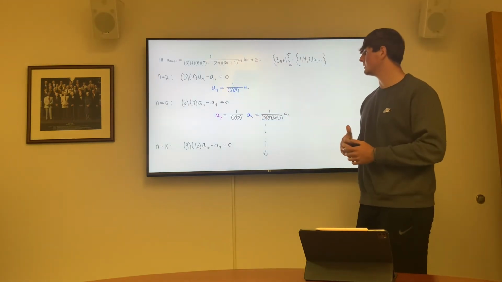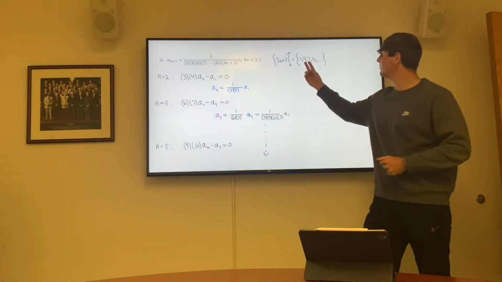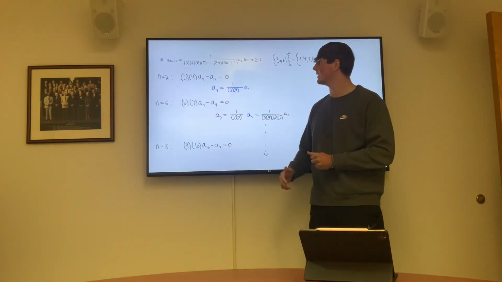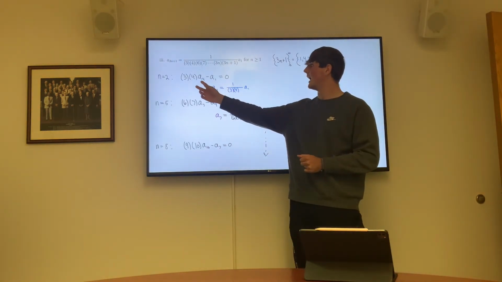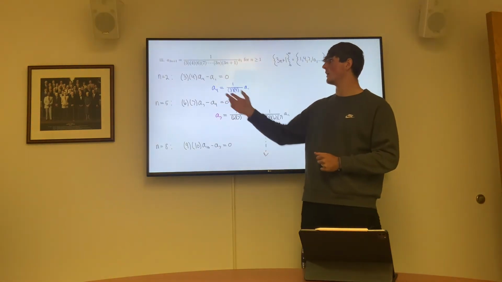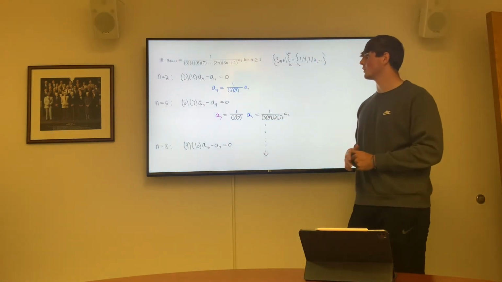In order to get two a terms with these values, we're going to want to look at n equals 2. This will give us a4 minus a1. We can rearrange this to a4 equals 1 over 3 times 4 times a1.